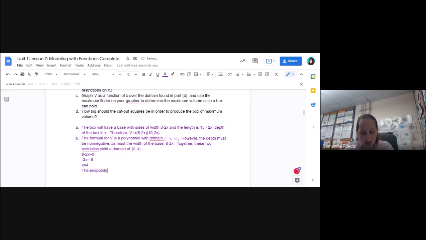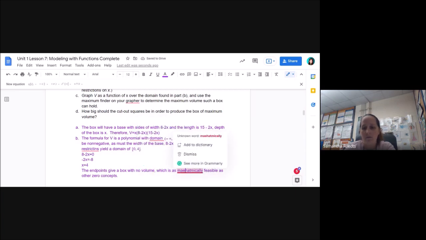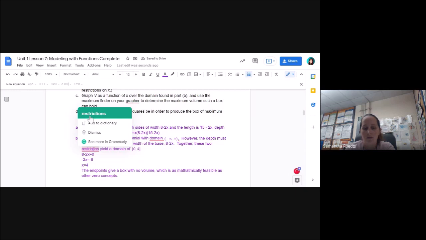So the endpoints are a box with no volume, which is as mathematically feasible as other zero concepts. Basically, if I have a box with no volume, I don't have a box. Mathematically. Restrictions.